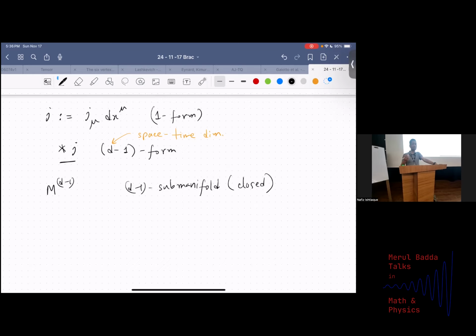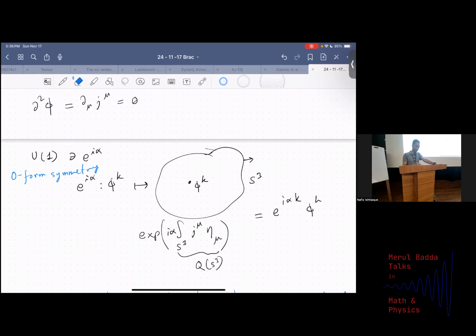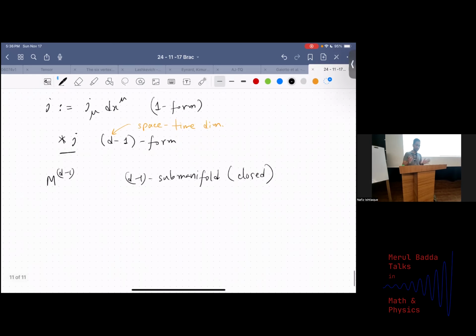Closed means that this submanifold doesn't have any boundary. So for example, this S3 doesn't have a boundary, right? But if you take S3 and cut a hole out of it, then it does have a boundary, which is where you cut your hole. Let's consider only submanifolds that don't have any boundaries.